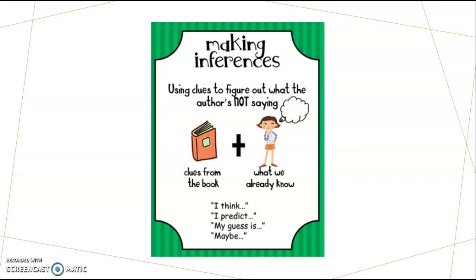We get clues from the story, and then we add it with our background knowledge on things we have either experienced or read about or real world situations, and we add it together, and that makes our inference, or we draw a conclusion.